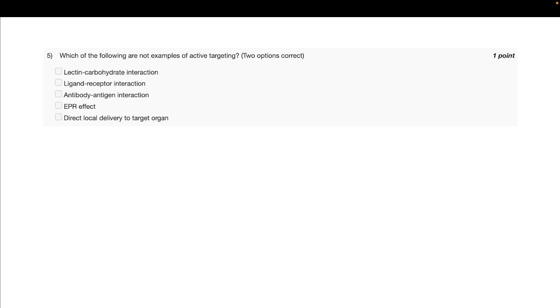Anybody else wants to take a guess? No? Okay, yeah, you were correct. The right answer is EPR effect and direct local delivery to target organ.